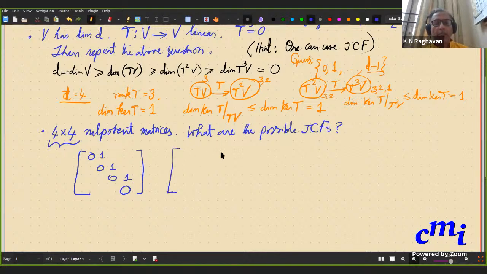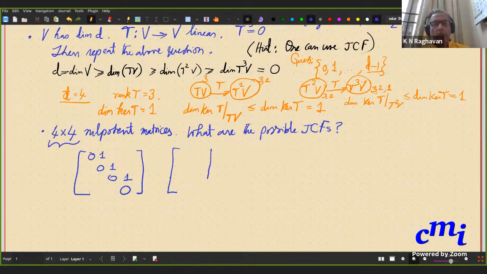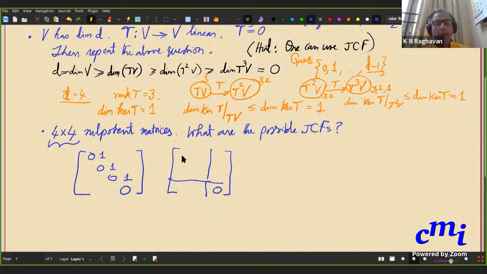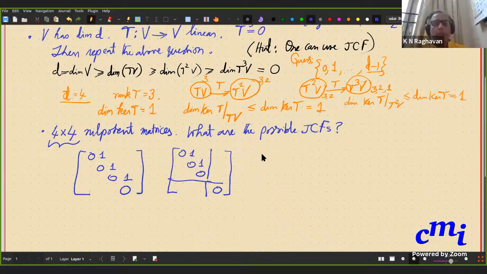What are the other possibilities? You take the 3 by 3 matrix and a 1 by 1. That is 0. This is 0. And what are here? 0, 0, 1, 1. Very good. Okay, that's one possibility.